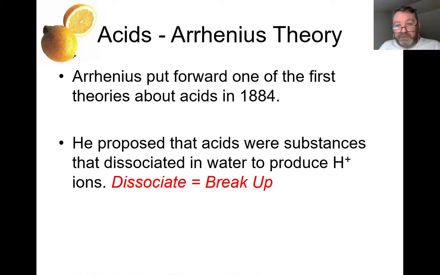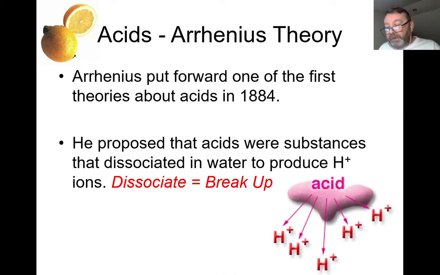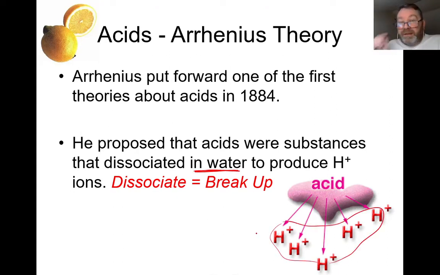And one part of that particular dissociation, you'll see the word there, dissociate means to break up, was always a H+. Okay, so what Arrhenius said was, if I take a substance and put a substance into water, and if it breaks up to give me H+ ions like that, then that particular substance is an acid.